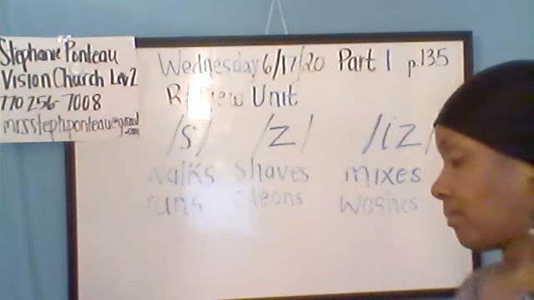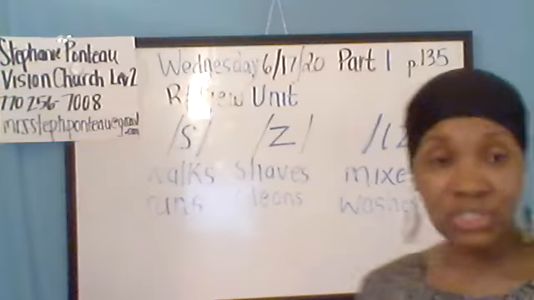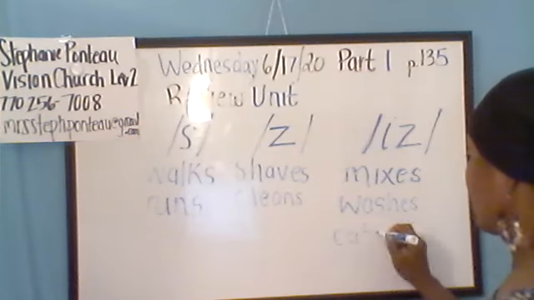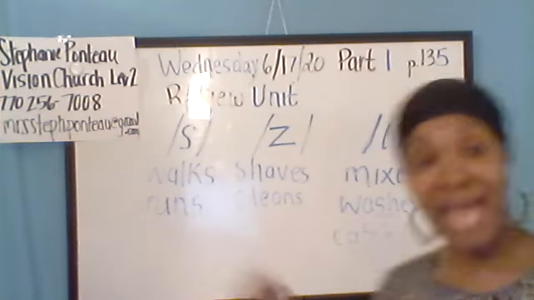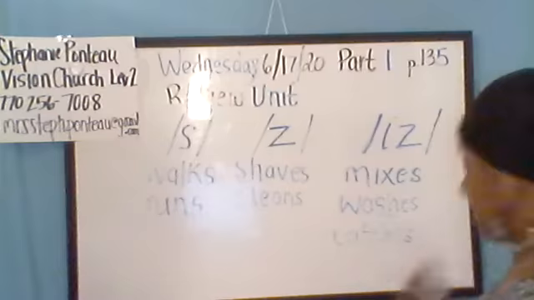Like wash, or catch. Catches. So this is the SH ending, the word before you add the ES, and then catch, the CH. It would be catches, the IZ sound.